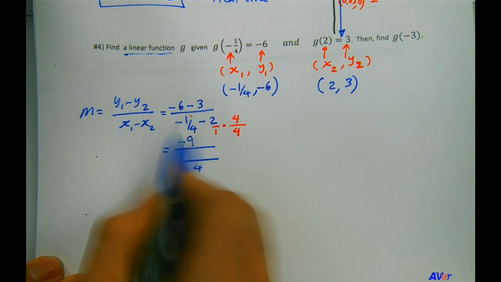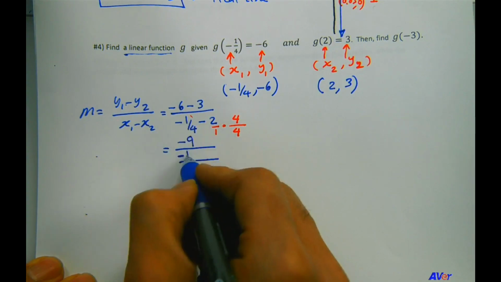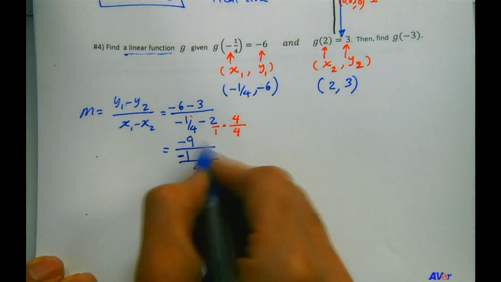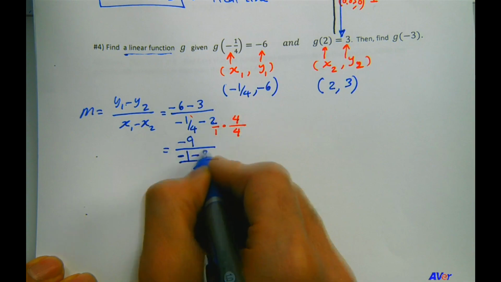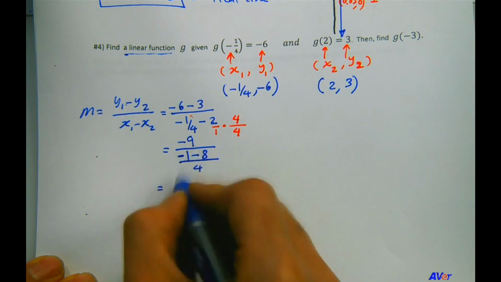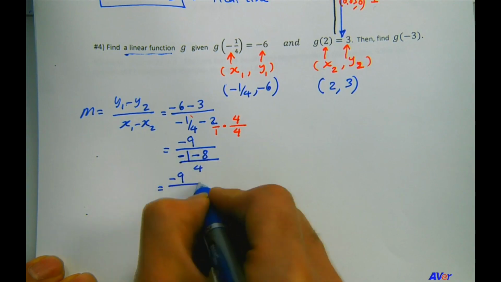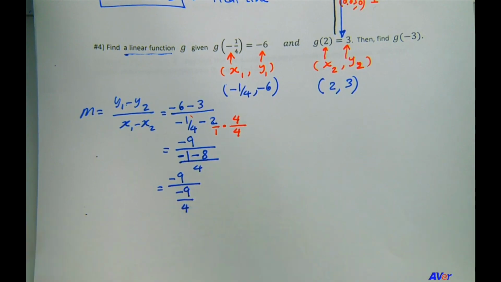The first fraction didn't get multiplied by anything, so the numerator is negative 1. The second, minus 2 times 4, is minus 8, right? So then what do we have? We have minus 9 over minus 9 over 4, right?